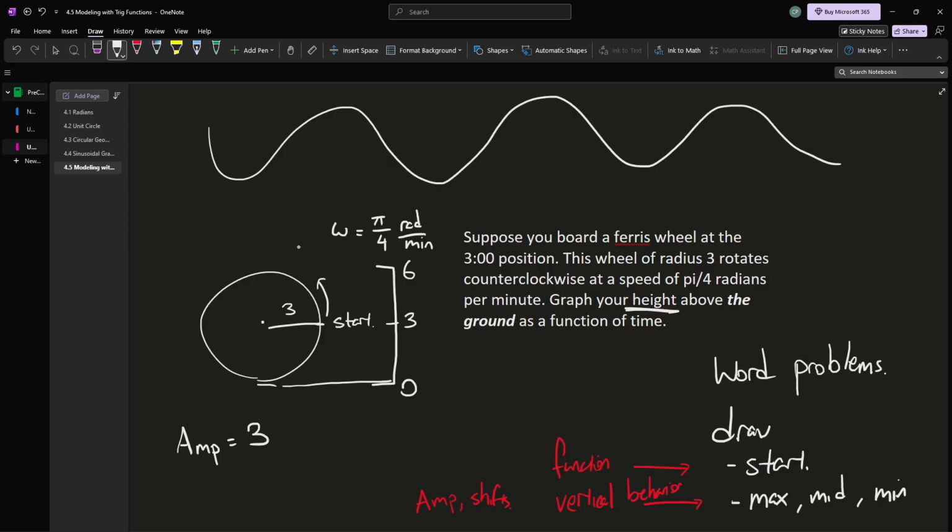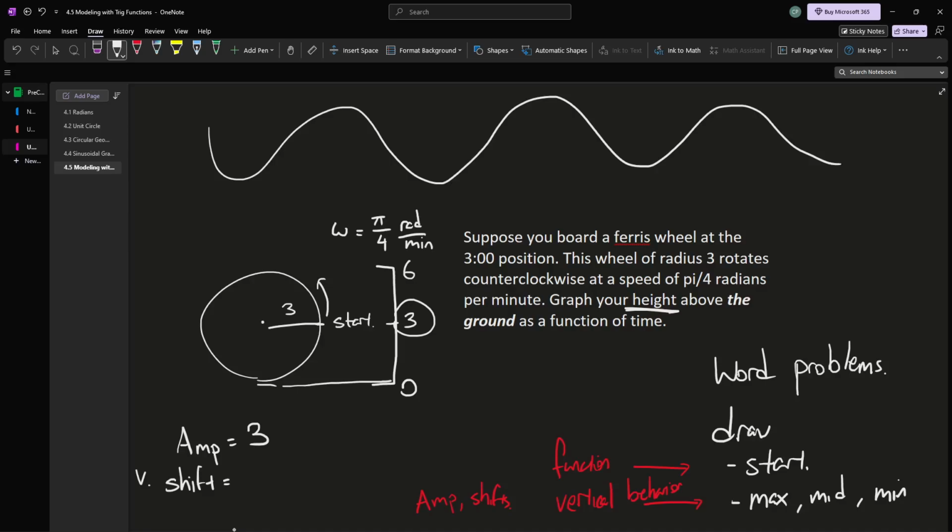Next up, I want to see my vertical behavior. Am I shifting at all? There are some ways to see this, like vertical shift. One nice way of seeing it is your middle. Your middle shows you your vertical shift. I'll also show another way that I did show in class. But we just see the middle and ask, how is this middle?